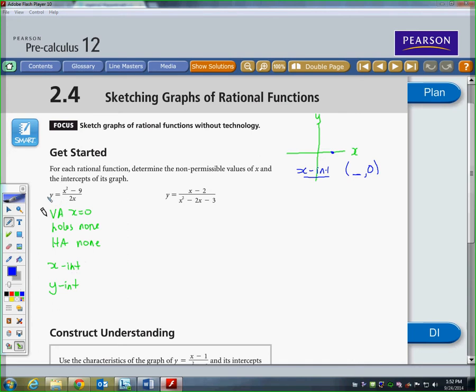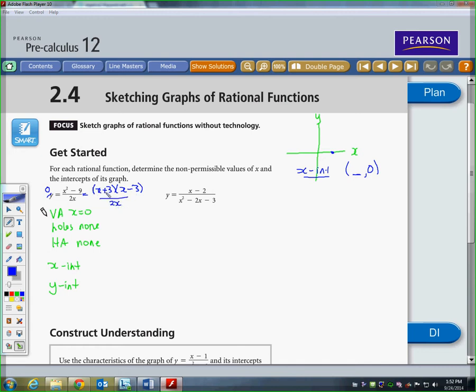So they're pretty easy to think about. When will the y value be equal to 0? Normally what you say is, when will the numerator be 0? The x-intercepts typically involve finding the zeros, so you can factor the numerator. So we get x plus 3, x minus 3, all over 2x still.